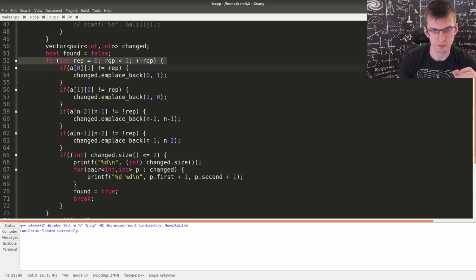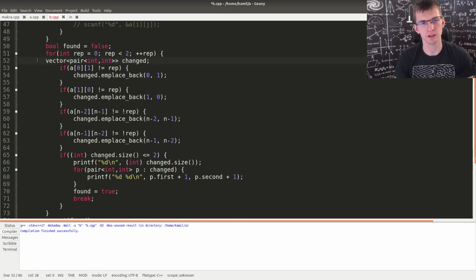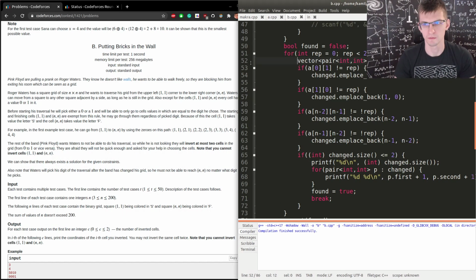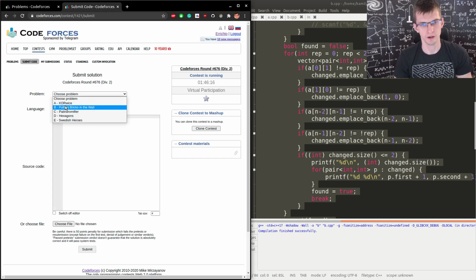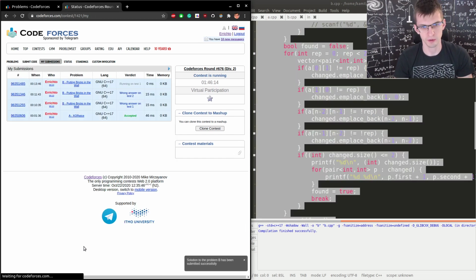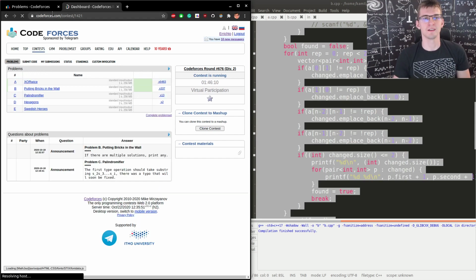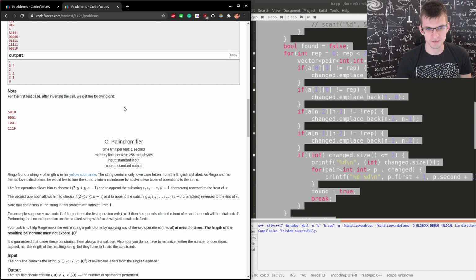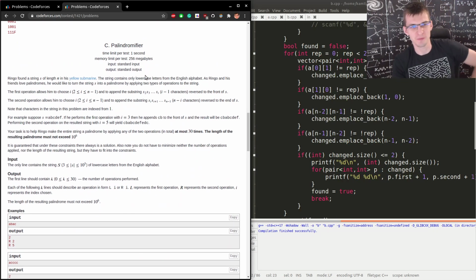For repetition equal to this and that. I should create it here. I repeated something twice and sadly I remembered the vector from the first time. That will hurt in the standings. Good that I'm not rated for Division 2.